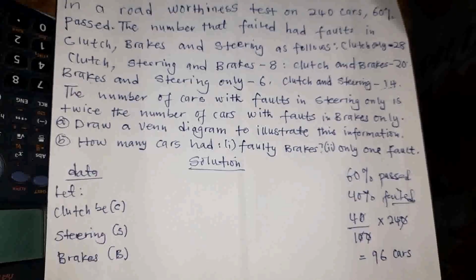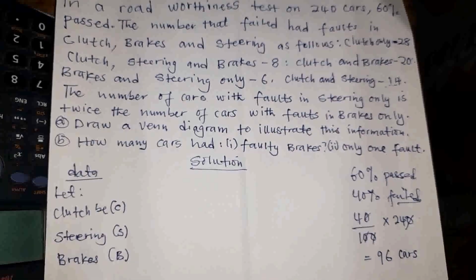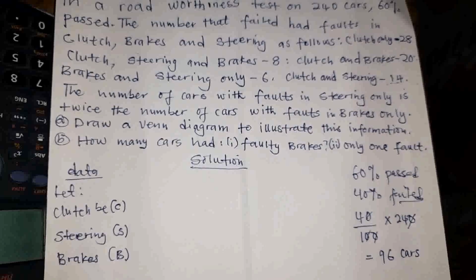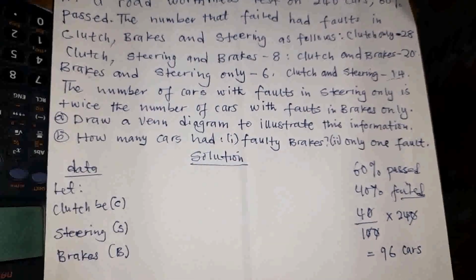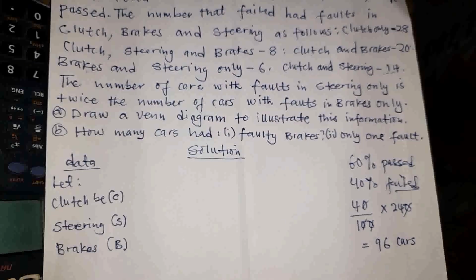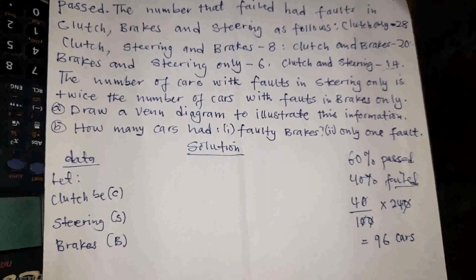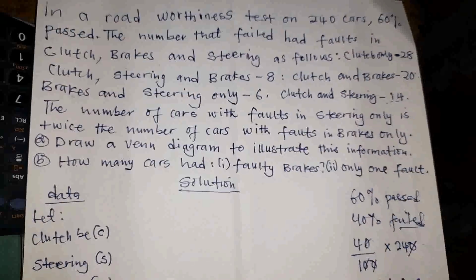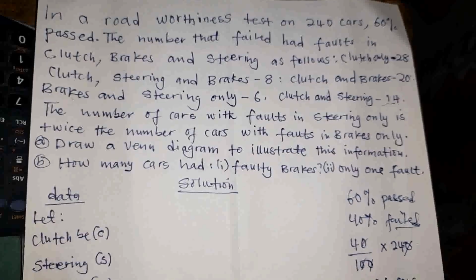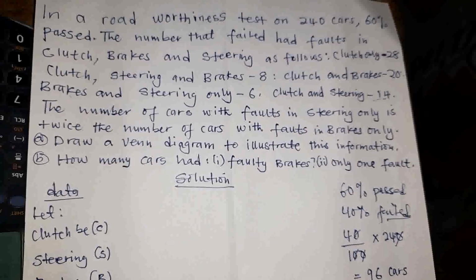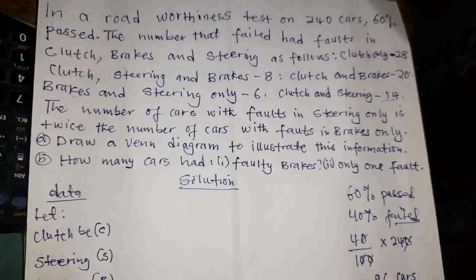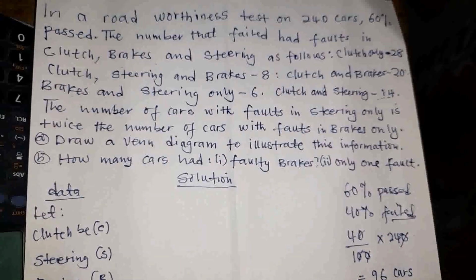Now looking at the last statement of the question, it says the number of cars with faults in steering only is twice the number of cars with faults in brakes only.